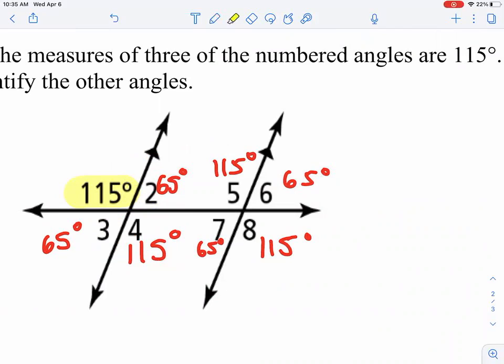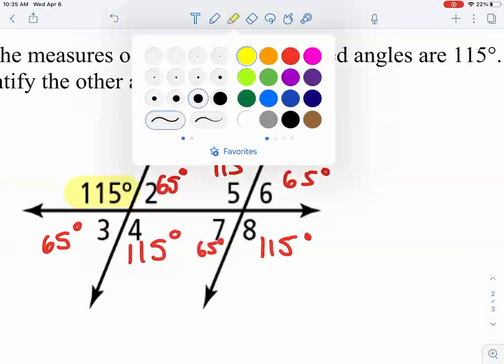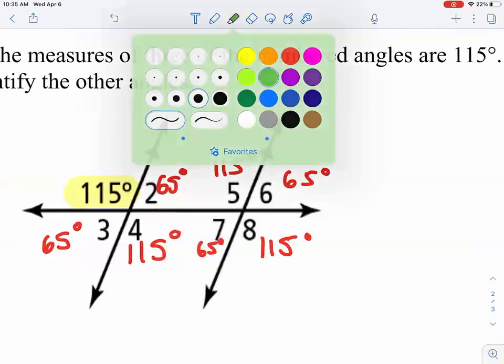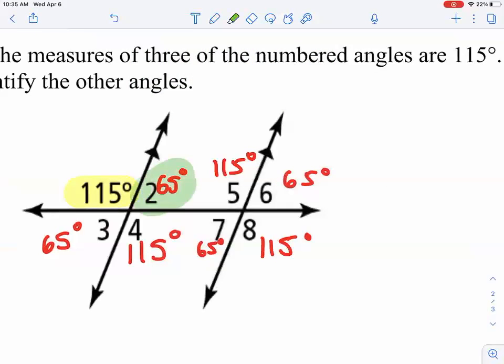And using the terms that we had before, angle 2 and angle 7 are alternate interior angles. And they are congruent, by the way. Angle 4 and angle 5 are alternate interior angles, and they are congruent.